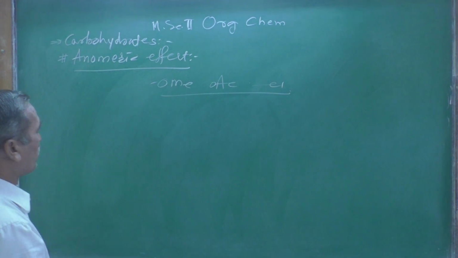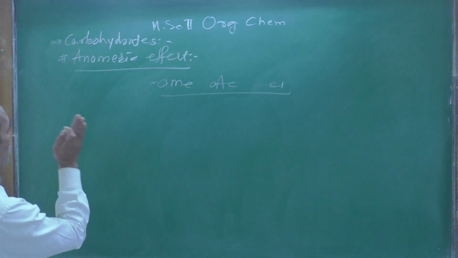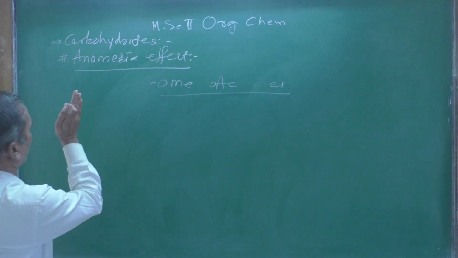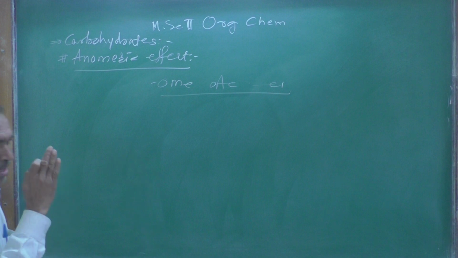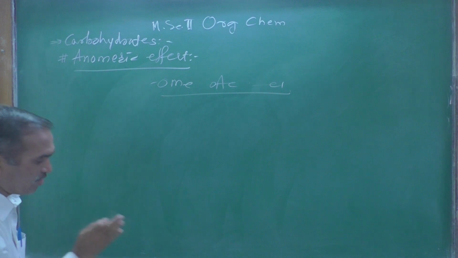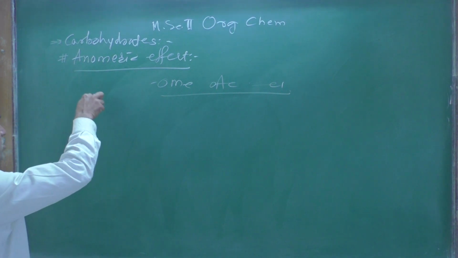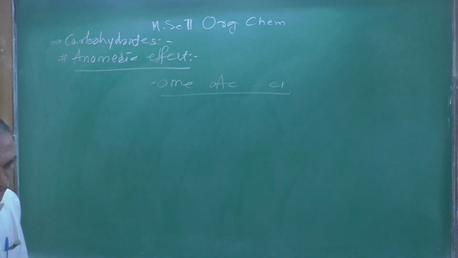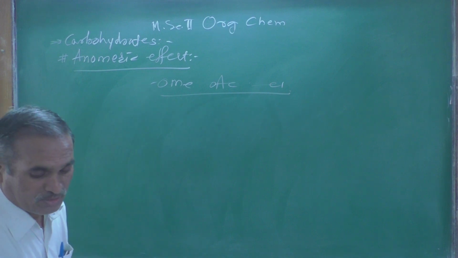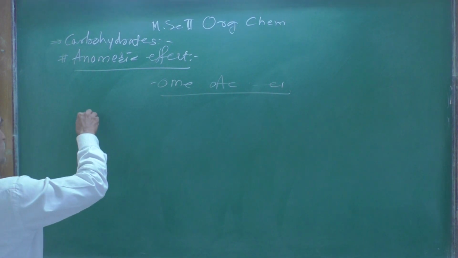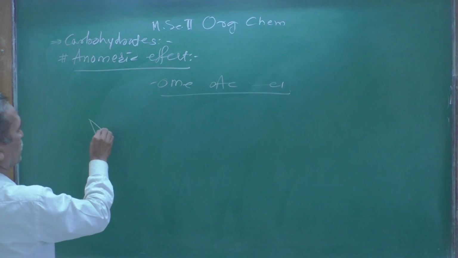Now listen carefully. We are at the point where we are actually discussing the anomeric effect. To explain the anomeric effect, you must draw the alpha form as well as the beta form, and after that let us see here. This is one of the forms I am writing over here.